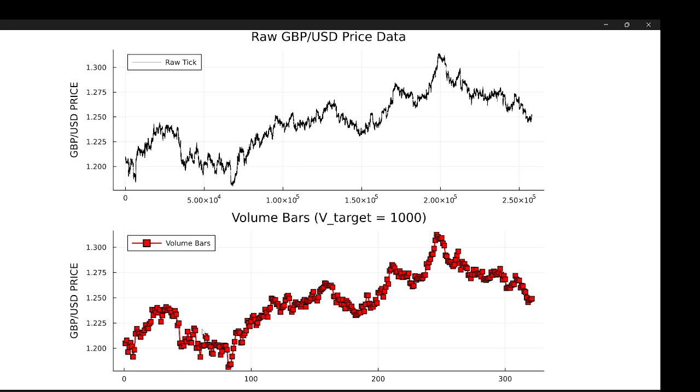There's more distance between them. And also there's more structure that can be exploited for some strategy that one can make.